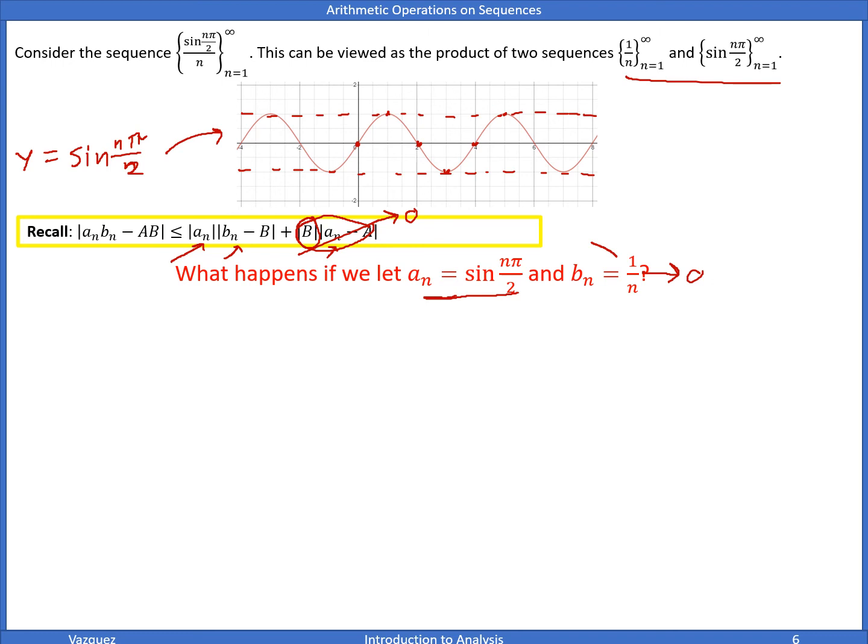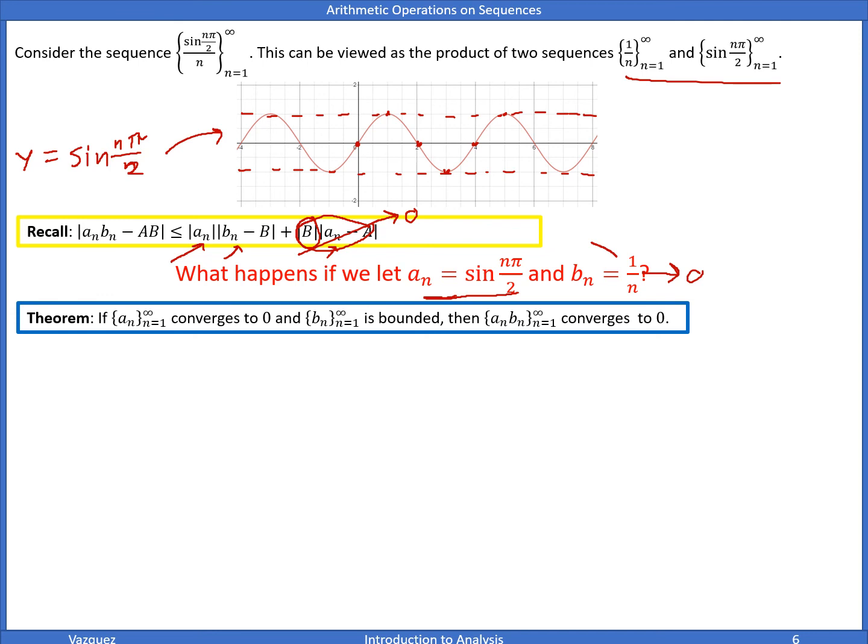So what can we prove now? This theorem: in this case we switched it up. Here we had an converges to 0, and bn is bounded. I guess for this theorem to not be confusing, there should have been bn and there should have been an.